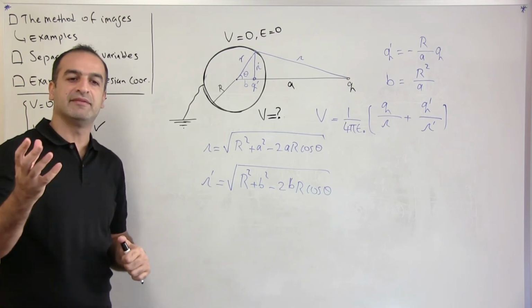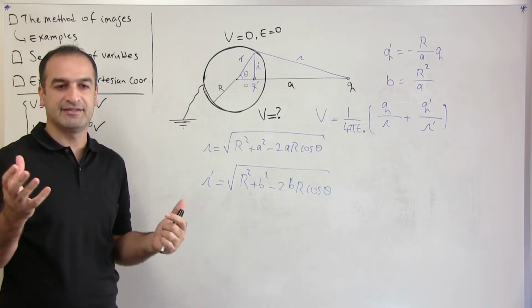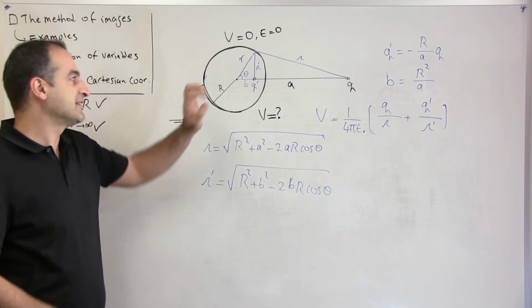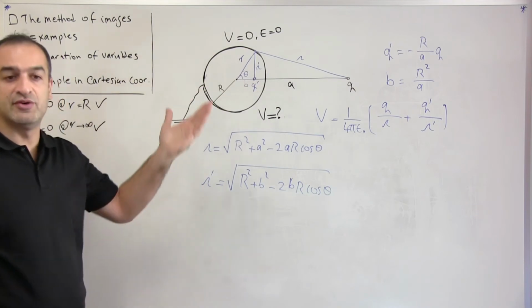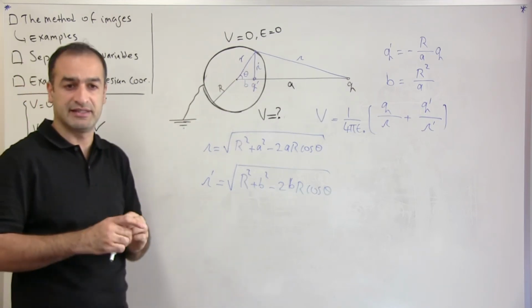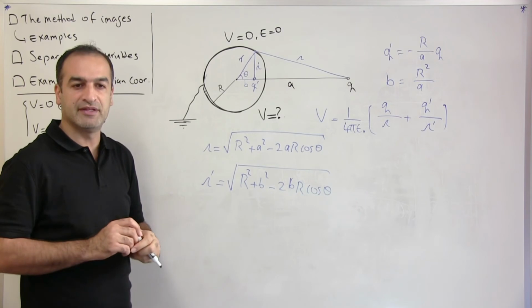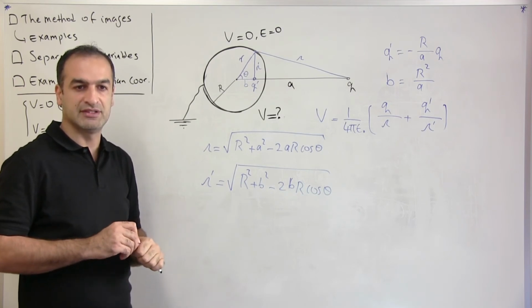Some of the image charge problems you might encounter are a combination of having a sphere and a surface, or a half surface, or things like that. You will see some of them in the problems that I will assign for this chapter.